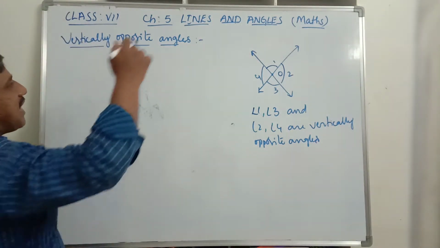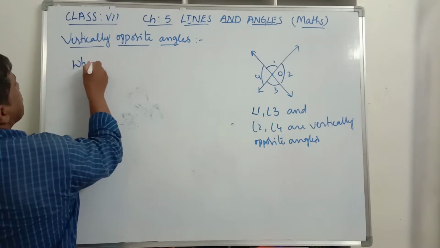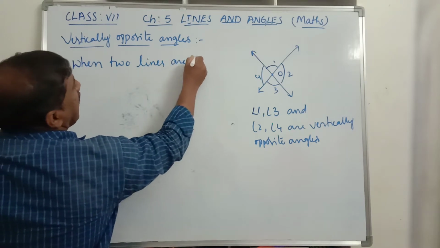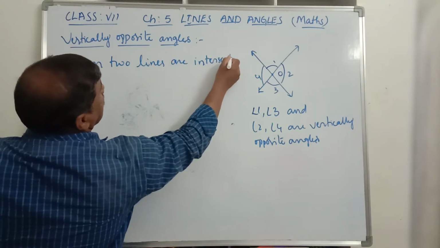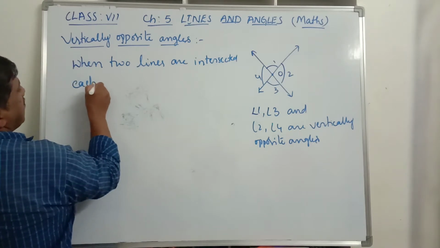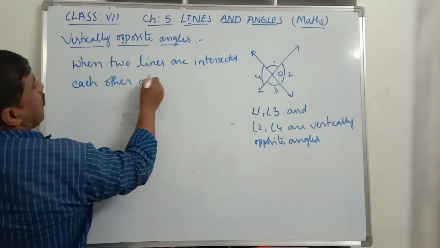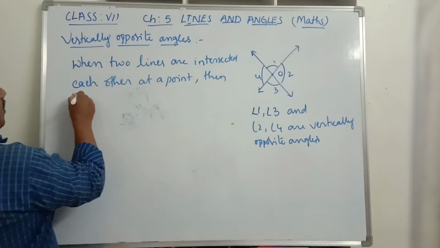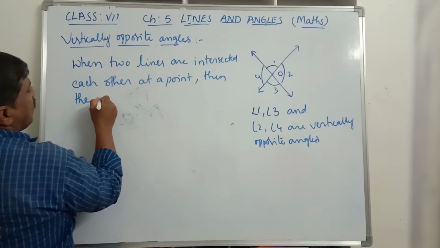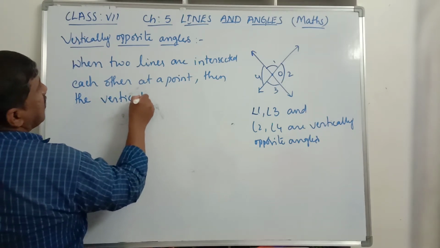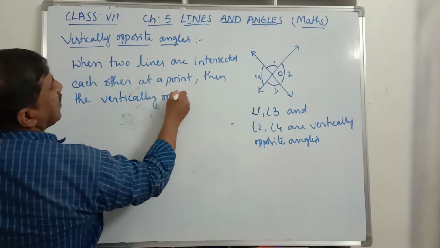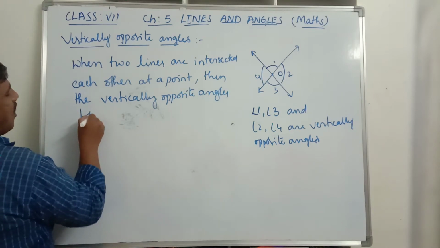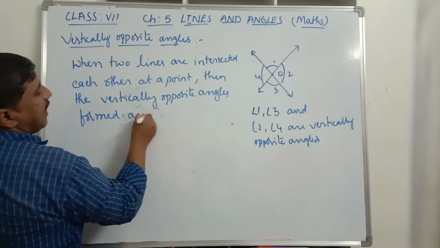So when two lines intersect each other at a point, then the vertically opposite angles formed are equal in measure.